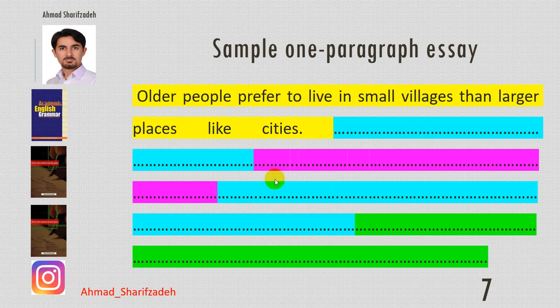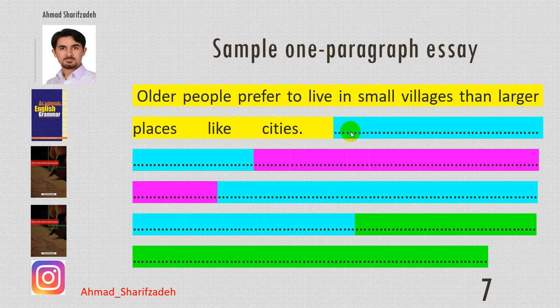And for the last reason, you can say that since the small villages are not so crowded, they can go walking easily, they can go out easily, they can go to the park easily, and they can have easy access to everywhere they wish to go.